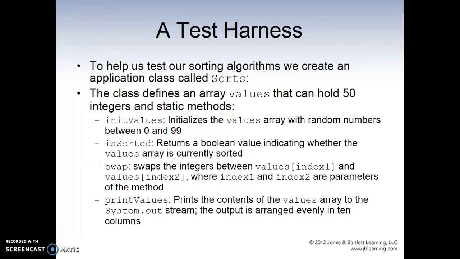Swap swaps the integers between values at index 1 and index 2, where index 1 and index 2 are parameters of the method. And then we print the values out.